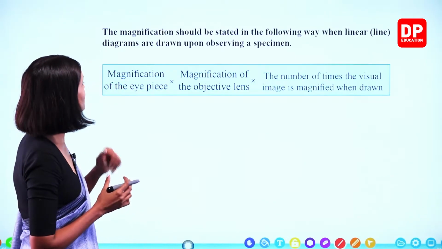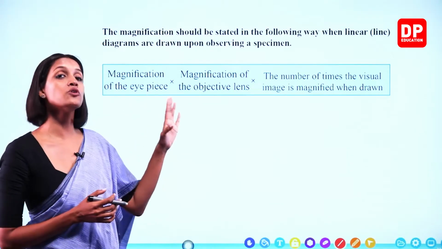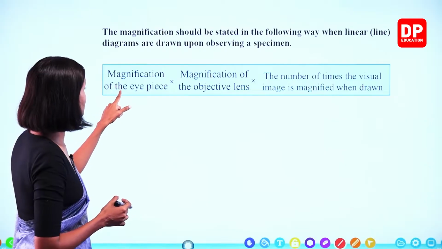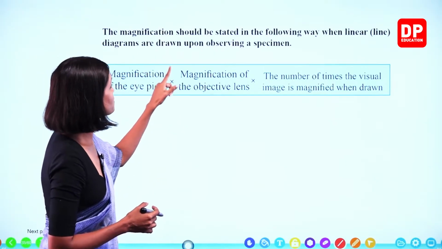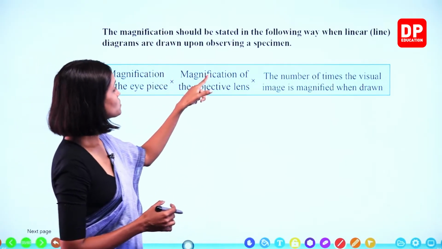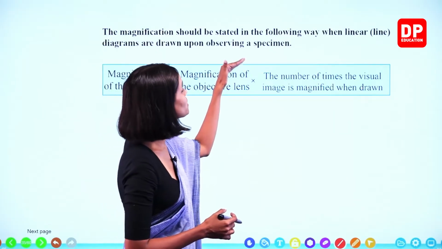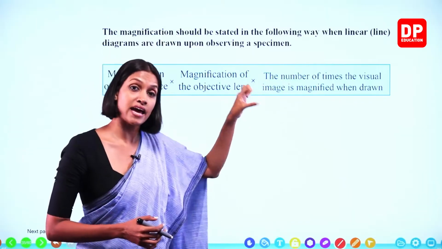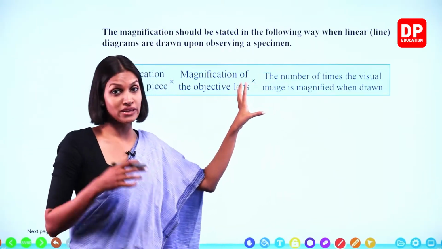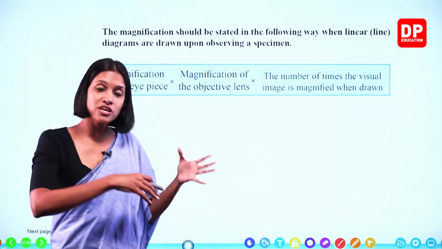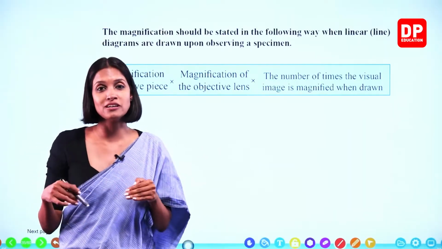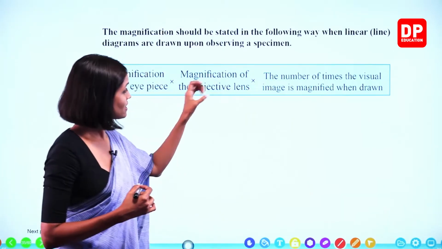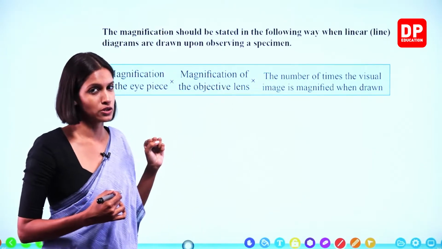Okay, so how to indicate that? In that case, the total magnification equals magnification of the eyepiece into magnification of the objective lens into the number of times the visual image is magnified when drawn. Now here we can't exactly calculate this one, because while looking at the specimen you are drawing the diagram, you can't exactly say how many times you magnified, but roughly you can come to a conclusion.